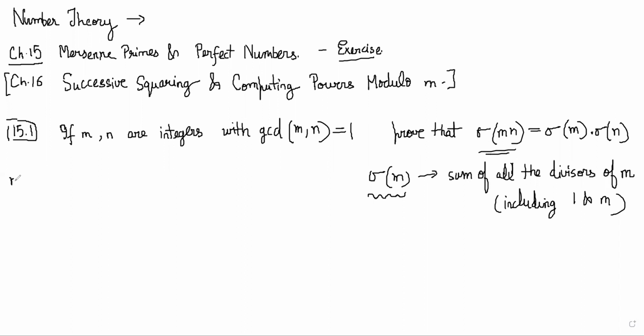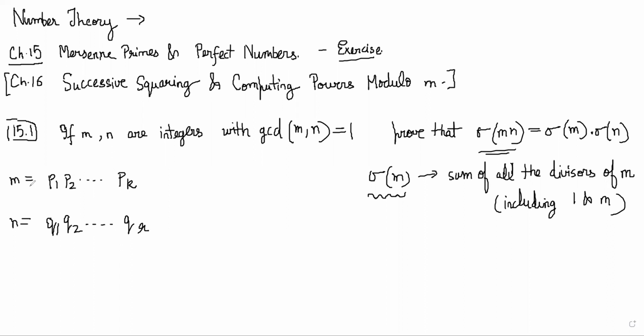So let's say m is an integer and it has these prime factors p1, p2, up to pk. And let's say n is an integer with no common factors, so I have to write different prime factors here: q1, q2, up to qr.